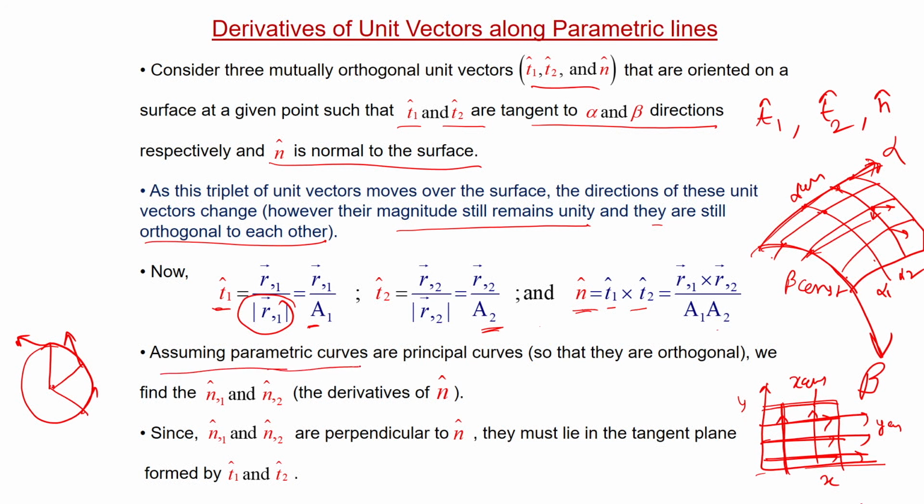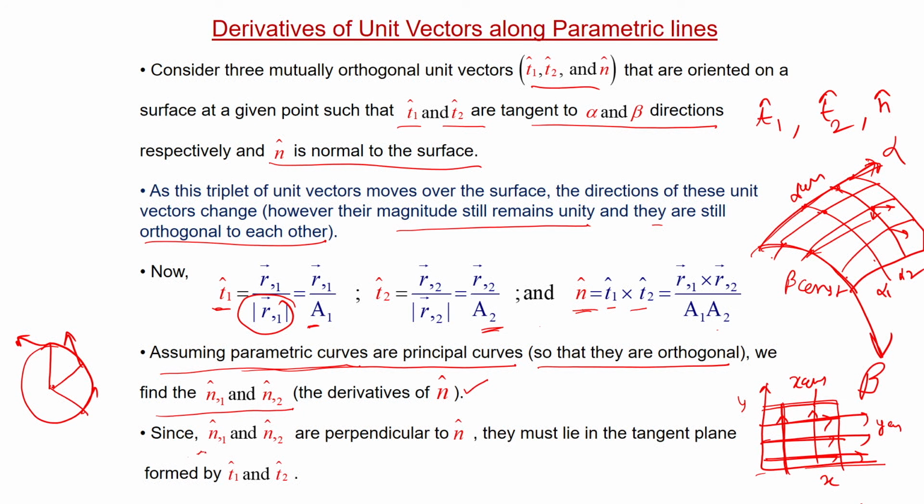So, assuming that the parametric curves are principal curves and they are orthogonal, we can find the derivatives of the surface normal and the derivatives of the tangents.